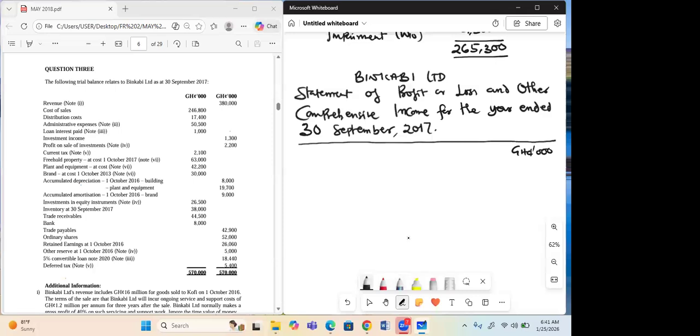Yes, so sales revenue. If it's in the trial balance, look for it and give us the figure. We solved for revenue in working 1. I think it was 380 and we took 4,000 out. So we had 376,000. Cost of sales. We did it in working number 11. 265,300.